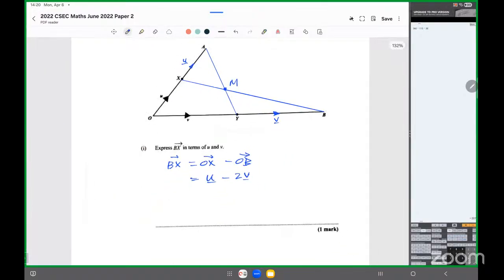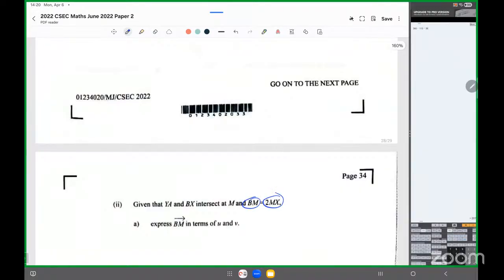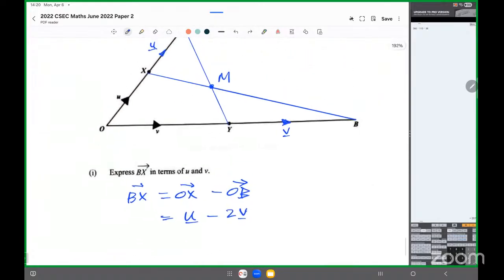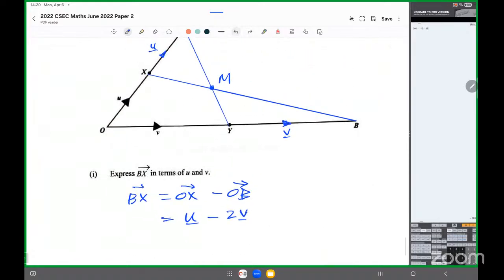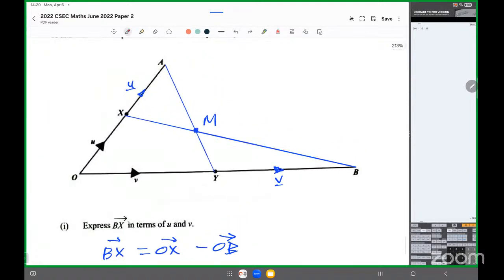What did they say? They say that BM is 2MX. Let's put that on the diagram. B to M has 2MX in it. So you can see the ratio: this BM right here is 2MX, and this is 1MX.